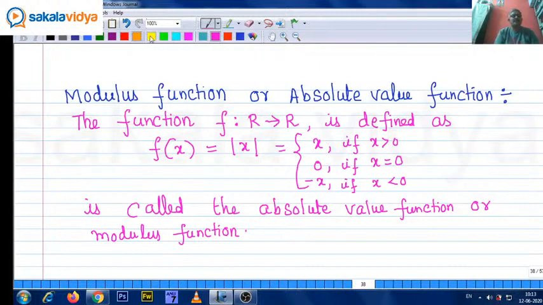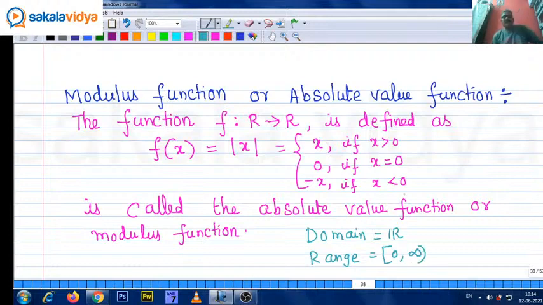That's why we can write now: domain equals the set of real numbers, whereas range equals closed 0 to positive infinity open. So this is the domain and range of the modulus function. Some points to note down here.